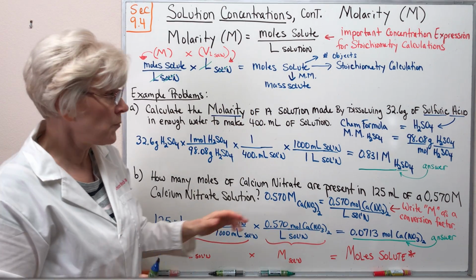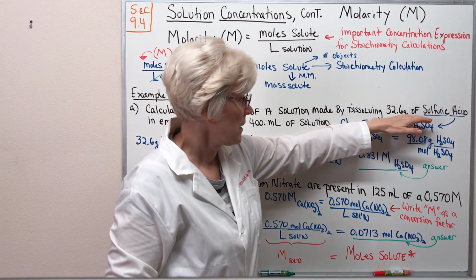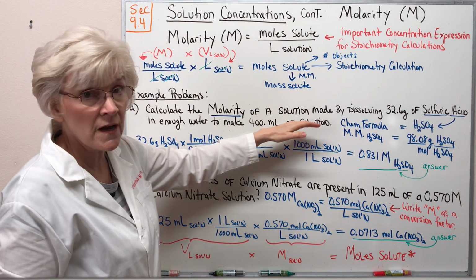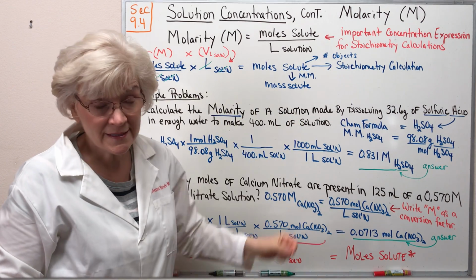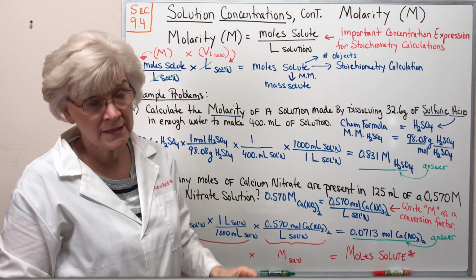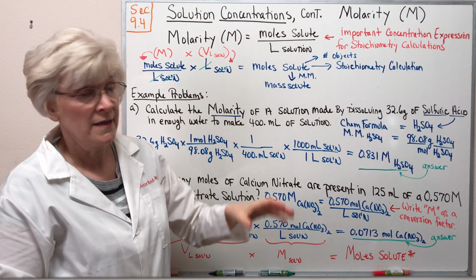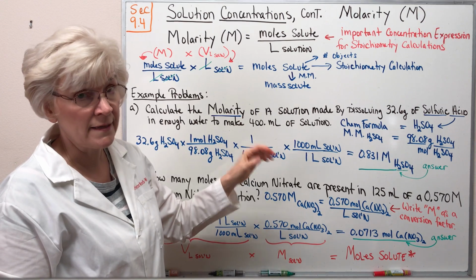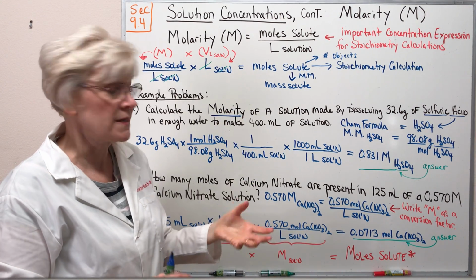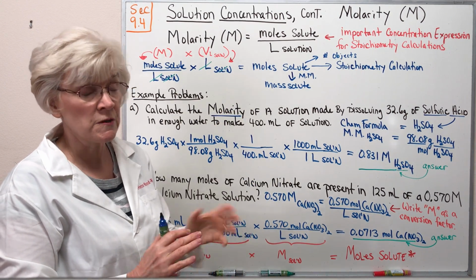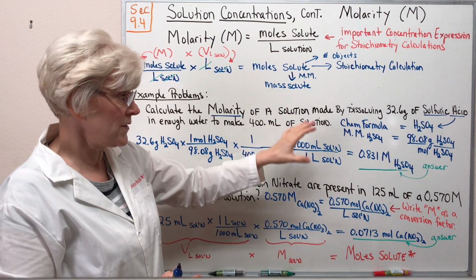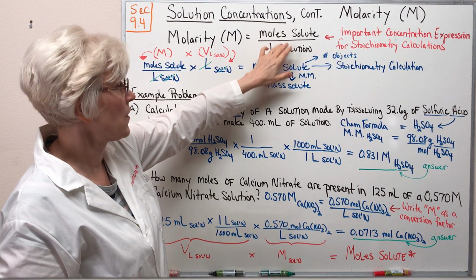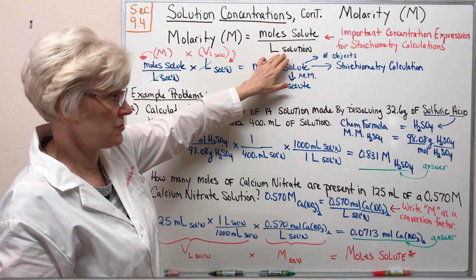Now notice right away that these units, grams of sulfuric acid per milliliter of solution, would be excellent units to directly plug into a mass volume percent calculation, but we are asked to calculate molarity, not a mass volume percent. So we're going to have to do some conversion factor work with these units to get them to be in the form of moles of solute over liter of solution.